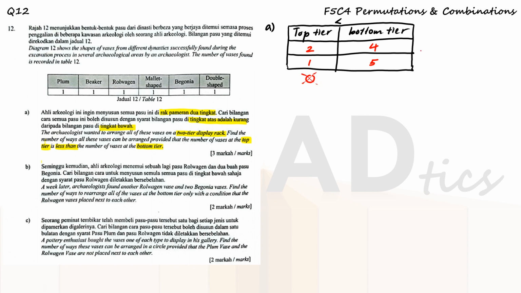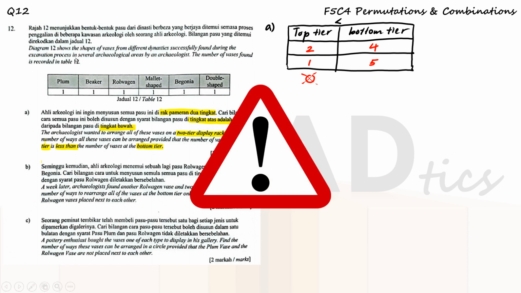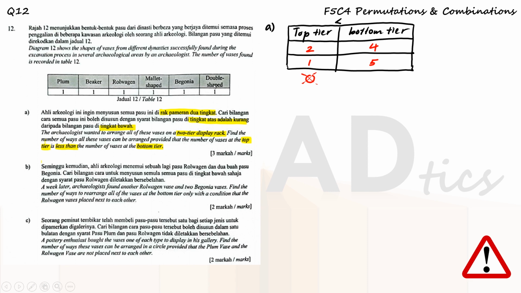Alright, so now let's find out the number of arrangements for each possibility. From these 6 faces, we need to choose 2 out and arrange them. So this would be 6P2, not C. Let's say if I choose plum and beaker, I can arrange them as plum then beaker first, or beaker then plum.